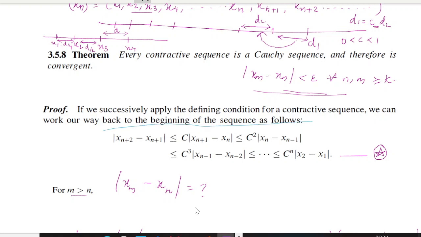We used the induction method to prove it like this. So instead of xn plus 1 minus xn, when xn plus 1 is coming, you are getting c raised to n minus 2 into x2 minus x1. So we will use that here.